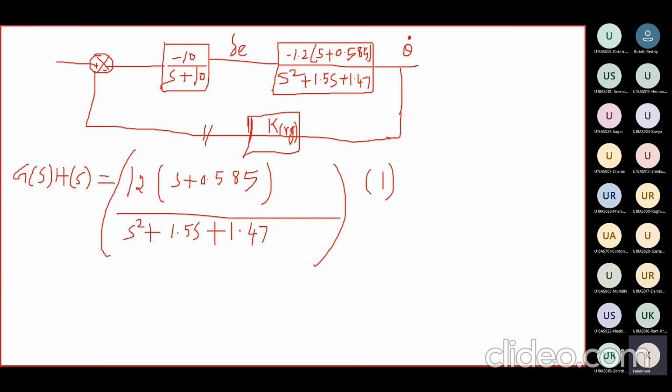This is your loop transfer function. First the numerator. What is your numerator? The coefficient of s is 1, so use open bracket 1, then the constant term is 0.585.